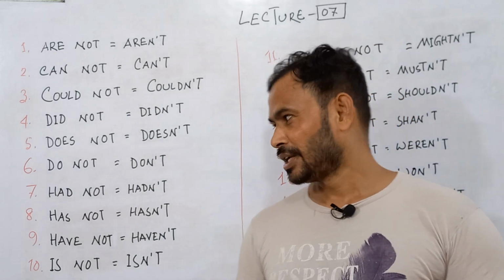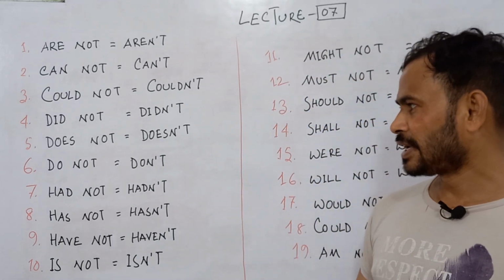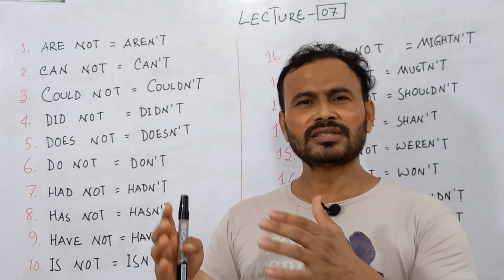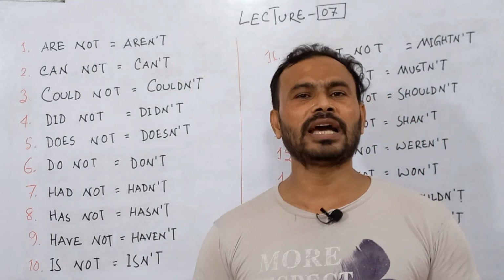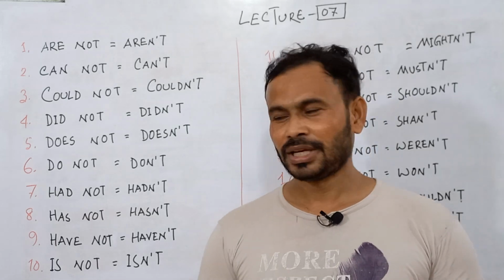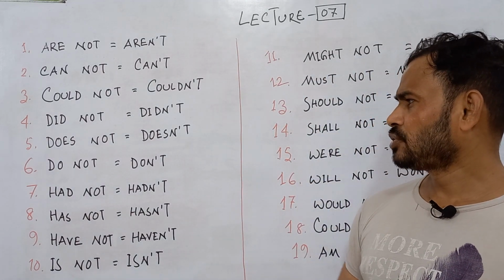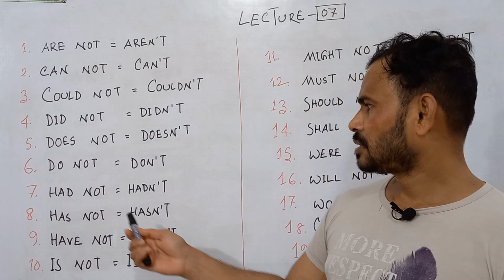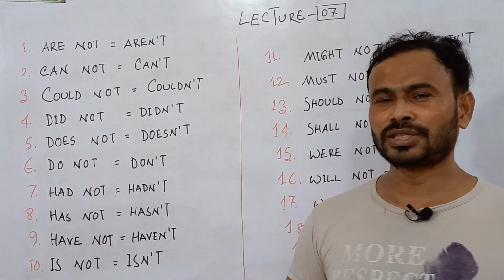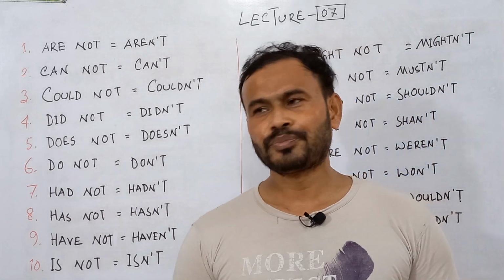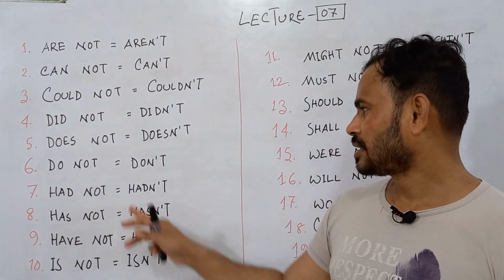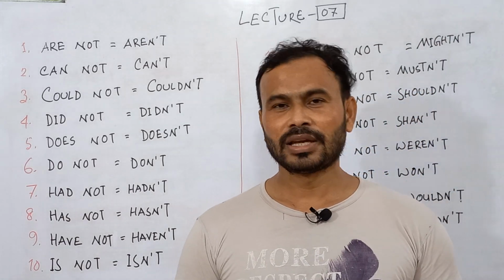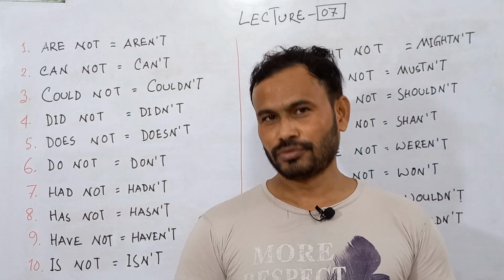If we say, I had not done this work, and use the contracted form of had not, the sentence would be, I hadn't done the work.